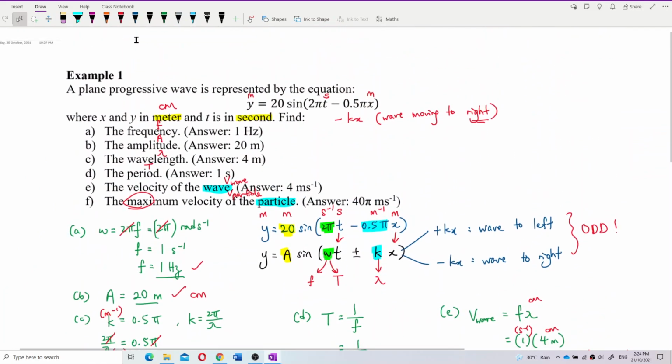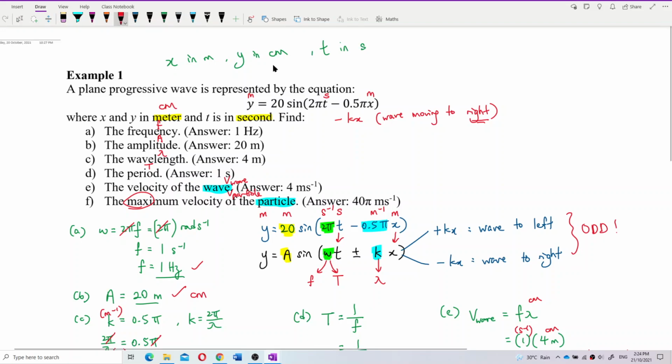But sometimes it will also give crazy things, like x in meter but y in centimeter. For this time it is x and y both in meter. Sometimes the question will say only x is in meter, y is in centimeter, and time is in second.